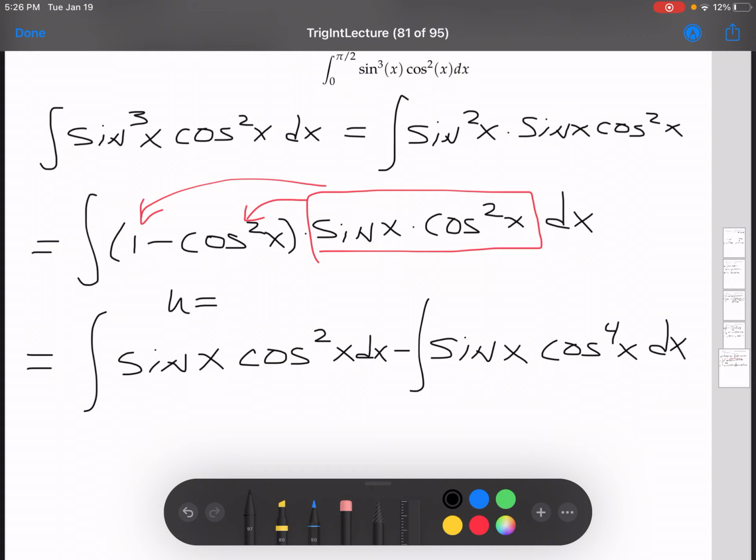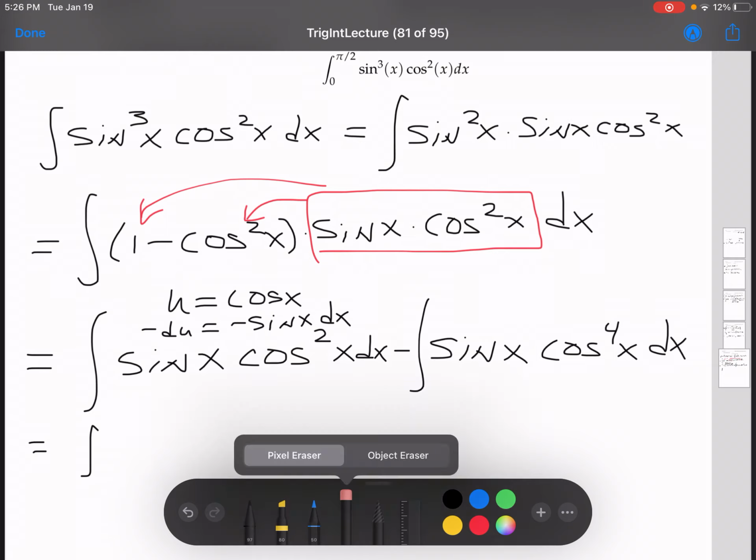Right, now we'll make the u substitution. U is cosine, so that du, derivative of cosine, is negative sine x dx. So that means that negative du is equal to sine x dx.